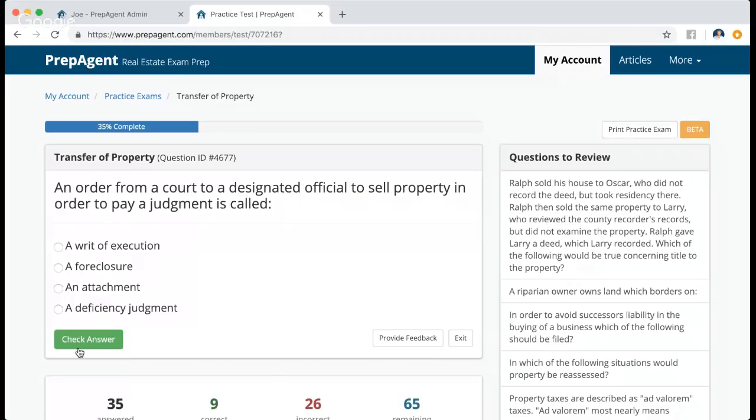An order from a court to designate an official to sell a property in order to pay a judgment is called: A, a writ of execution, B, a foreclosure, C, an attachment, or D, a deficiency judgment. So Amanda, yeah, less than freehold is possession without ownership.